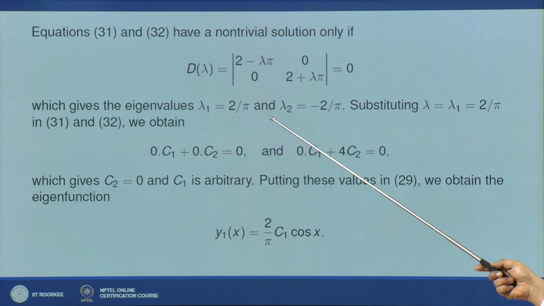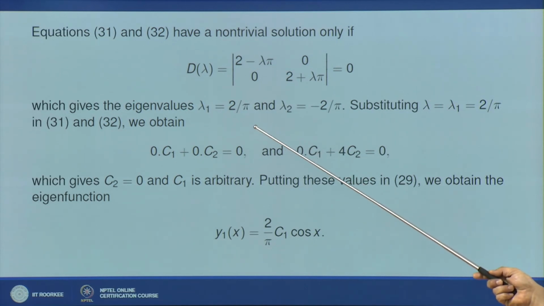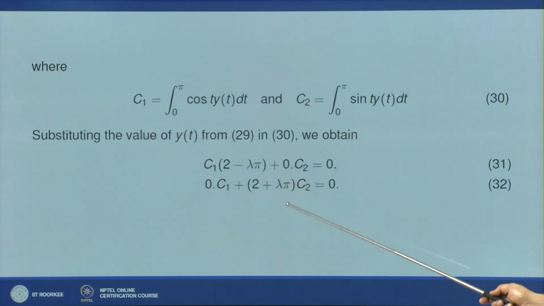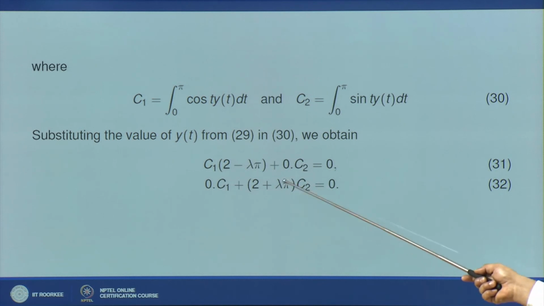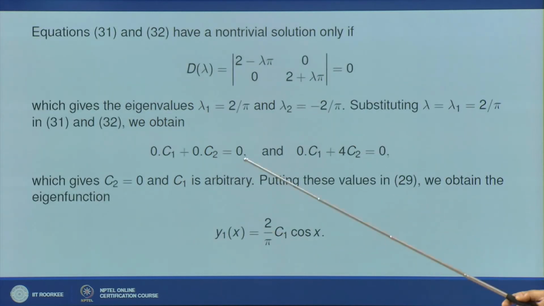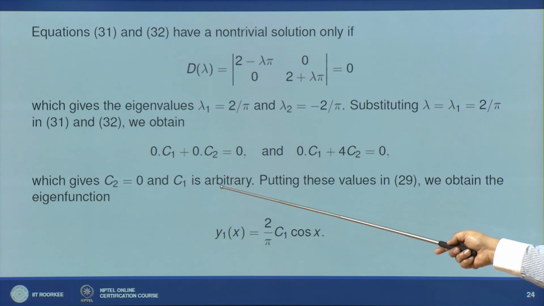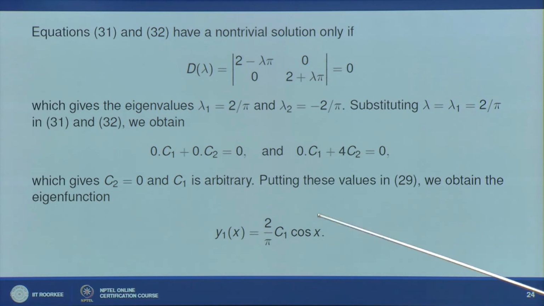Now we try to find the corresponding eigenfunctions. Let us start with lambda equal to lambda 1, that is 2 by pi. When you put lambda equal to 2 by pi, the first equation is simply redundant, and you can solve and find that C2 is 0 and C1 is arbitrary, as we have considered in the previous case.